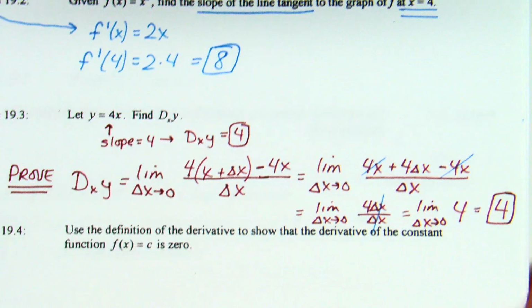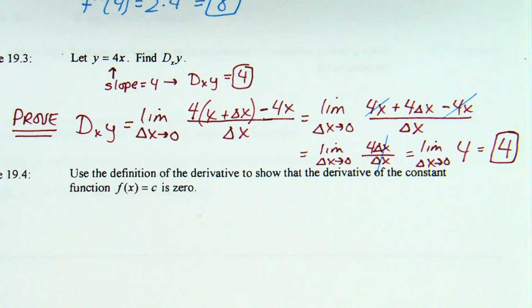Okay. Example 4. Use the definition of the derivative to show that the derivative of the constant function, f of x equals c, is 0. So f of x equals c, that could be any number, right? And what does that look like, f of x equals c?